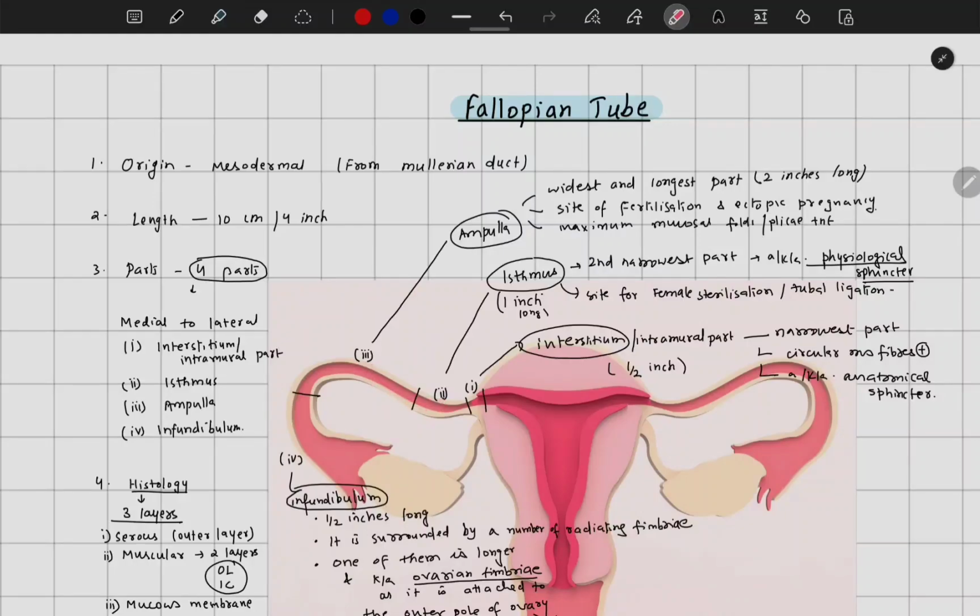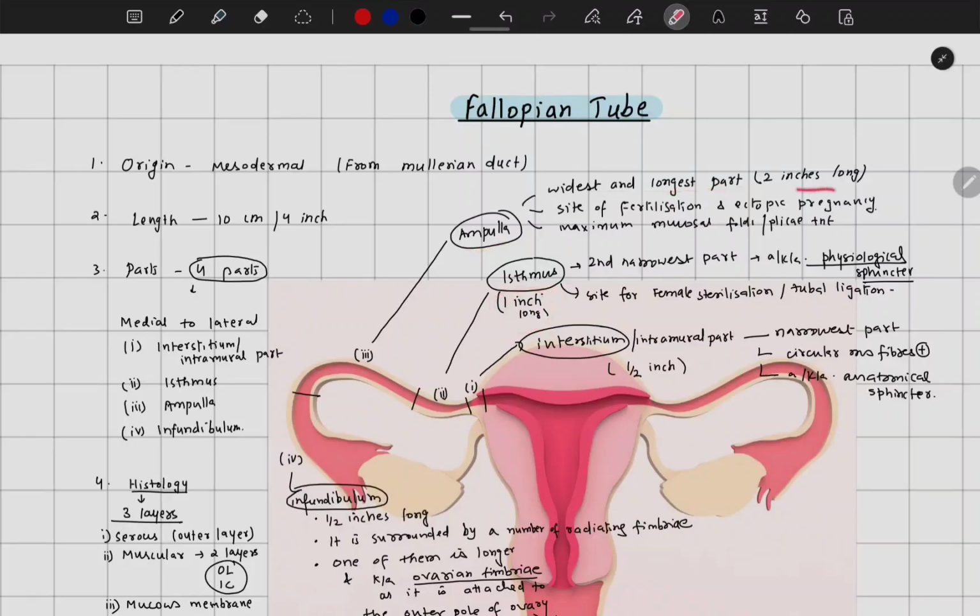So the isthmus is the physiological sphincter, and the interstitium, with its circular muscles, is the anatomical sphincter.